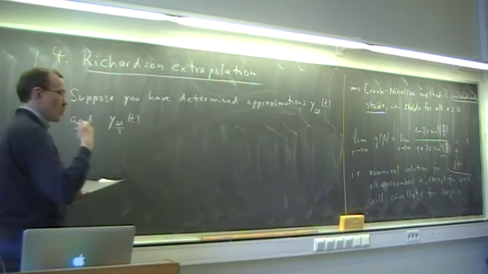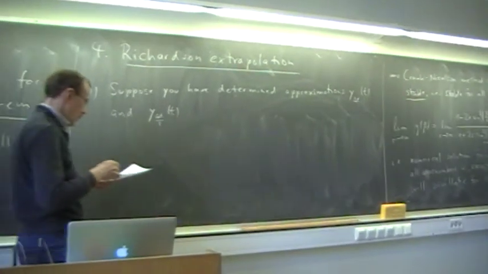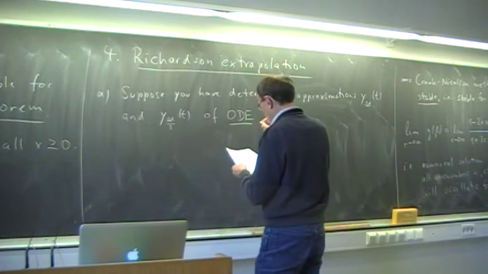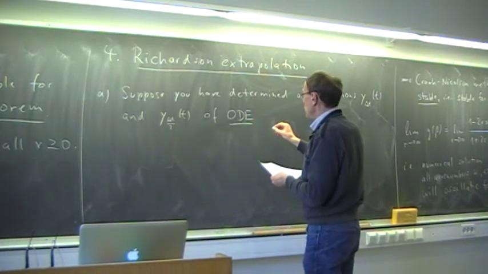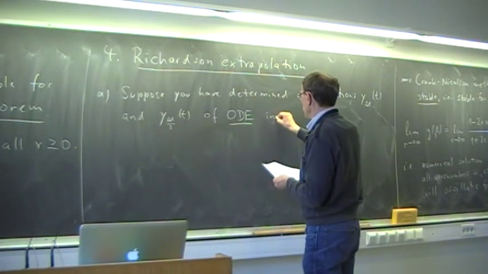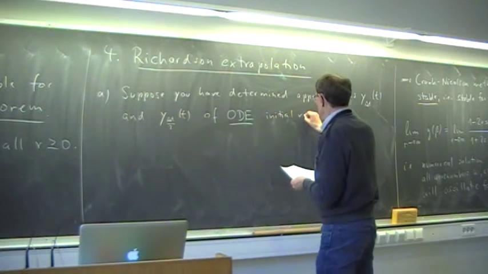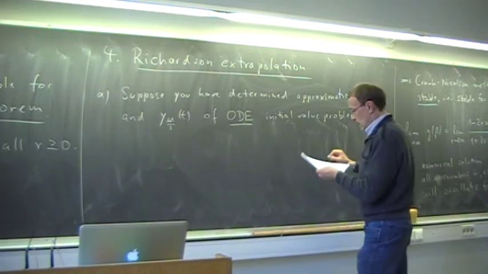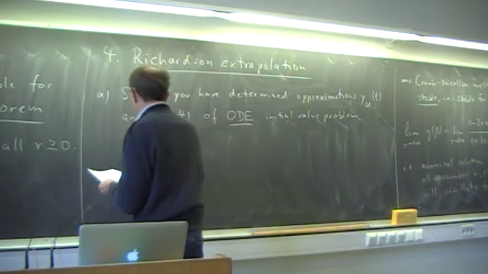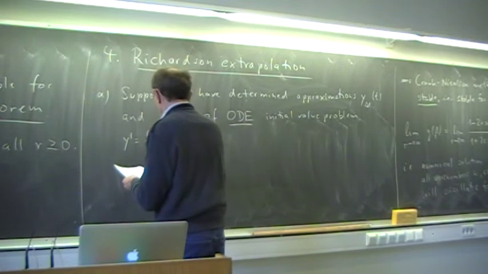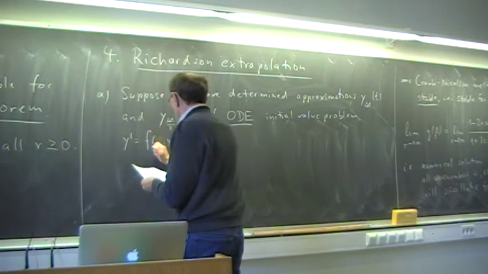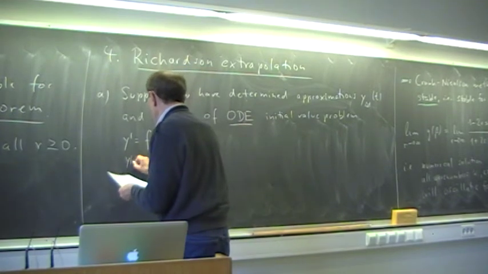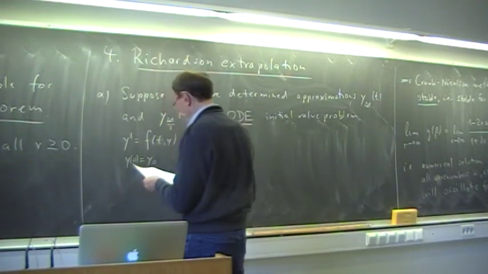But we determine the solution at the same time, and that is then of some ODE, an initial value problem. That is y prime is equal to some given right-hand side f of t and y, and we have some initial condition, y0.